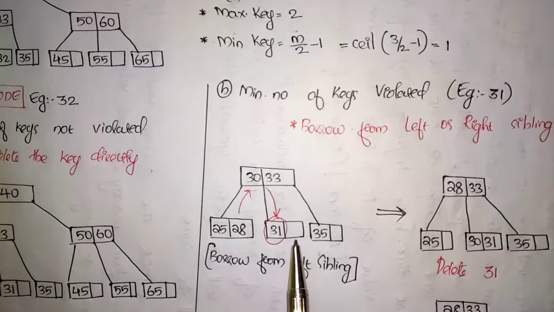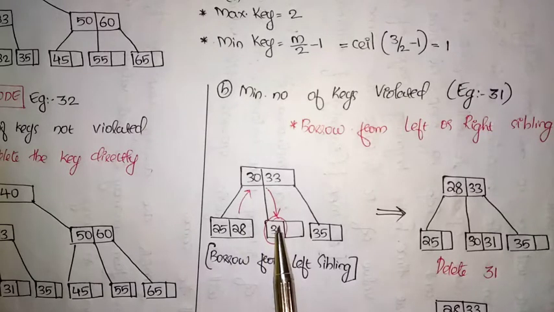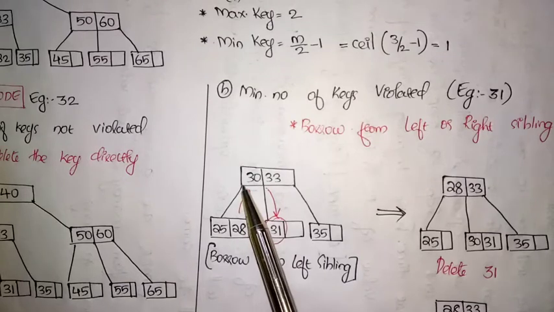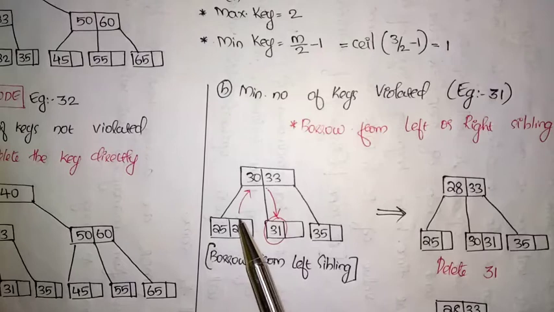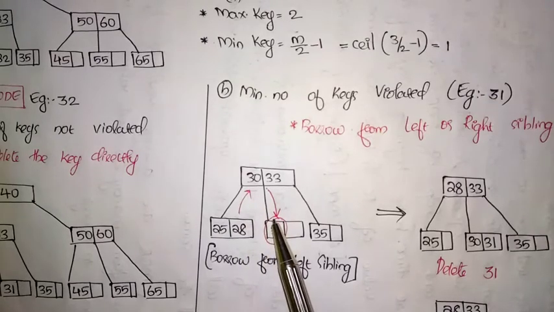So in such a scenario, if a node needs to borrow a key from its sibling, it cannot directly borrow a key from its sibling. Why? Because they are connected directly to a parent node, and a particular node can give one of its keys to its sibling only through this root node.